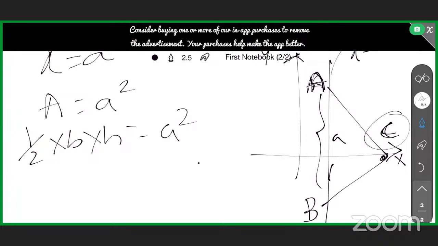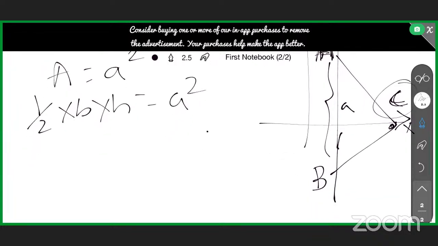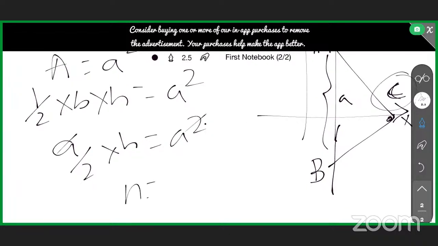So the length of the base is equal to a. That is a by 2 into h is equal to a square. So a gets cancelled. So h is equal to how much? 2a. So h is equal to 2a. So much is clear? Yes, sir.